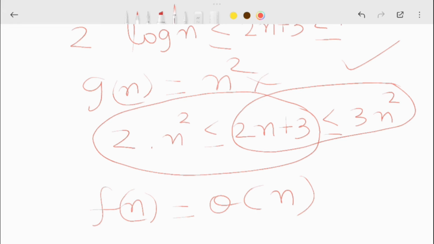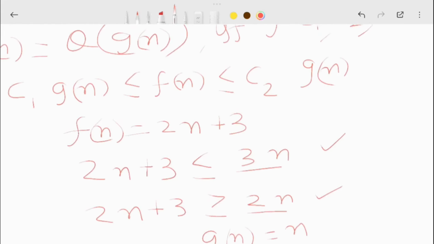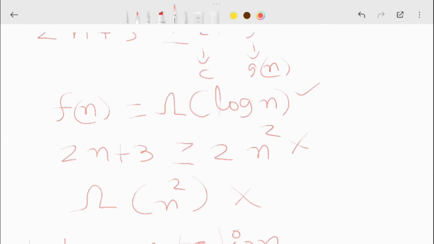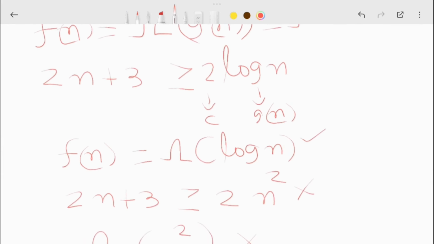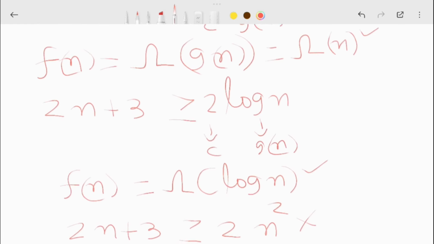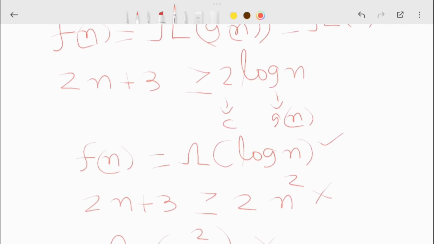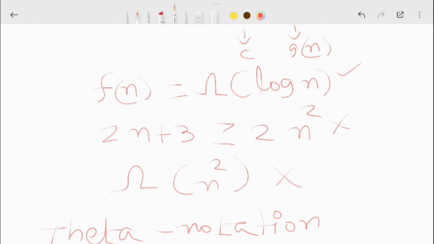Similarly, the function can be represented as big omega of n, and as big omega of log n, but it cannot be represented as big omega of n square.